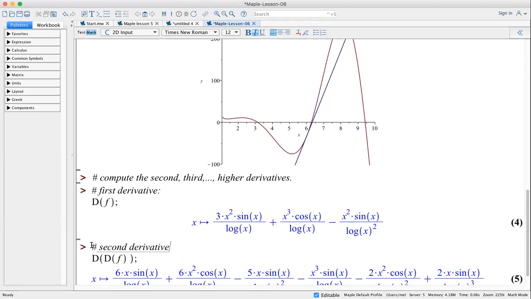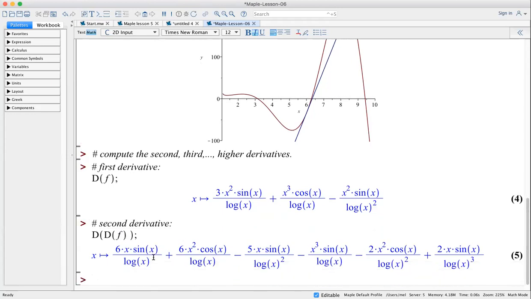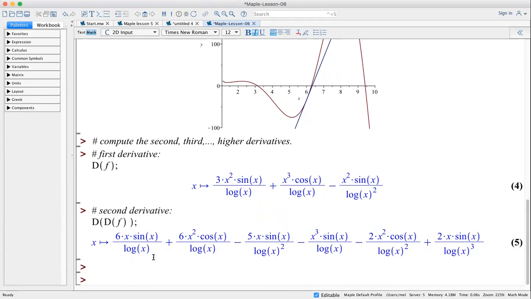The second derivative, which means differentiate the derivative, is that. The third derivative, you could write as the derivative of the derivative of the derivative of f.